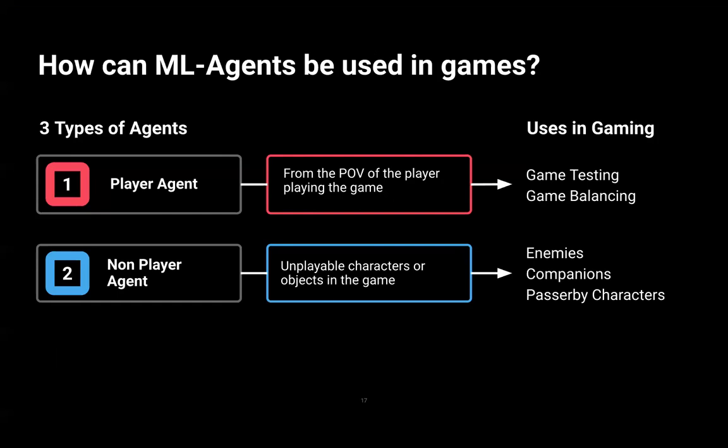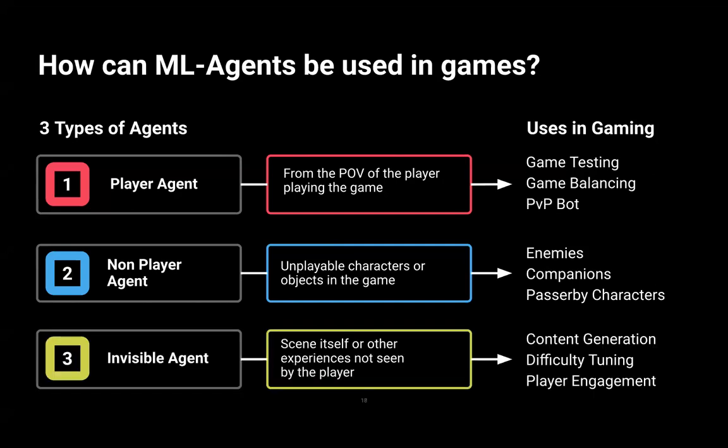Again, the second use case would be non-player agents. So these are NPCs, companions, enemies, other characters in the game that are not your player, or game objects, or things in the game that are not your player. And because we can create interesting behaviors for these agents, the game becomes more dynamic and more interesting.